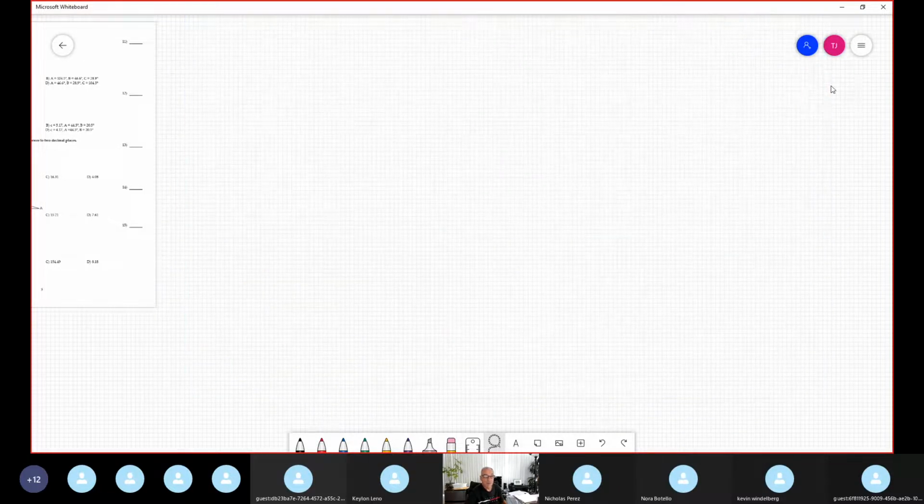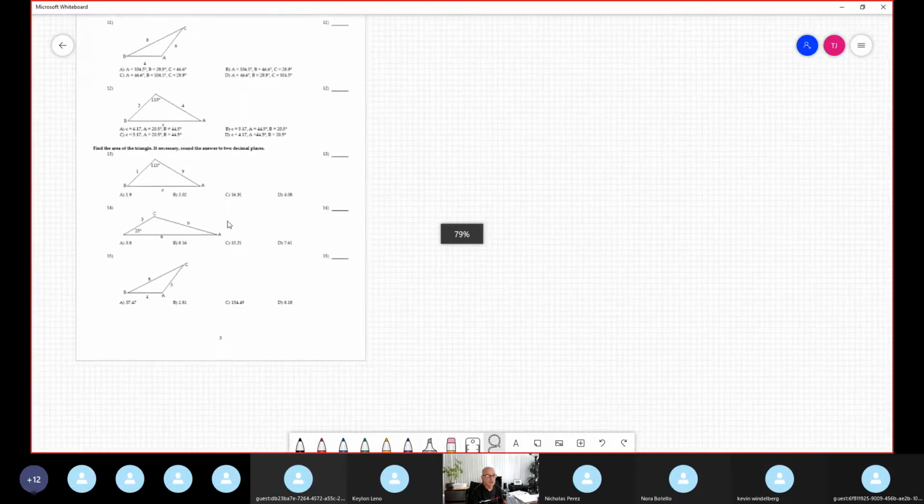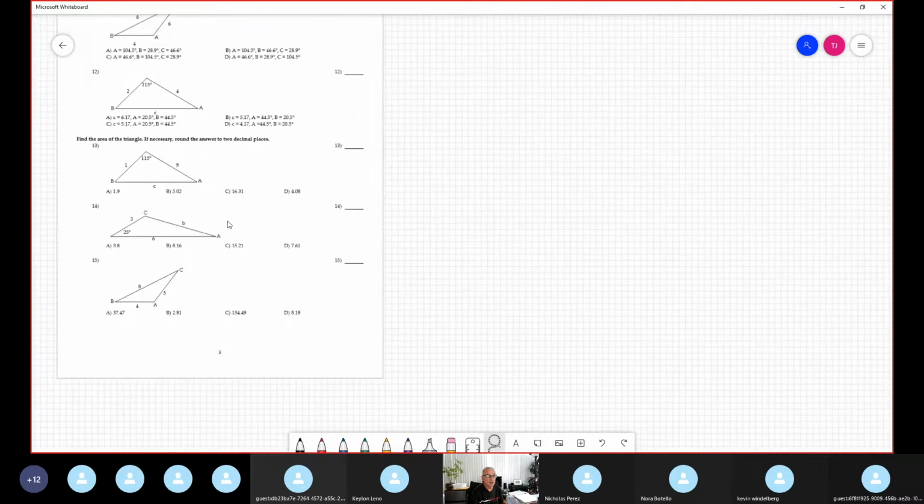Okay. The rest is easy. Very easy. For example, 13, 14, and 15 is about area. Formula area. Entonces es just plugging in the formula and that's it. The famous formula for the area is 1/2 multiplication of sides, for example, A times B times sine of the angle in between.